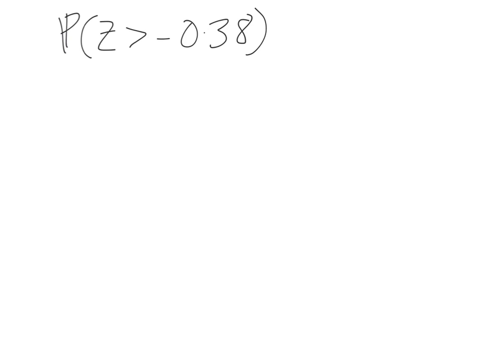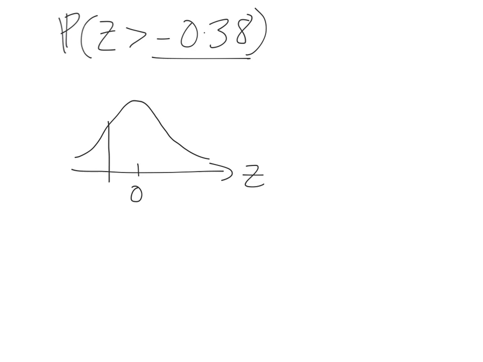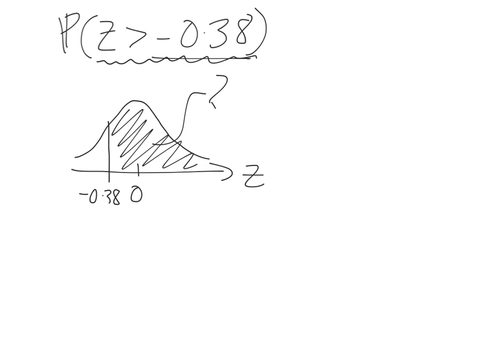Skill 3, now we're dealing with negatives. So we draw our z-axis, we're trying to find the probability that z is less than minus 0.38, so that's going to be somewhere around here. And we want to find the probability that z is bigger than, so this is what we're looking for. But our tables don't deal with negative numbers, you can see that we don't have them, so we're going to have to rewrite it like this, using the symmetry of it.